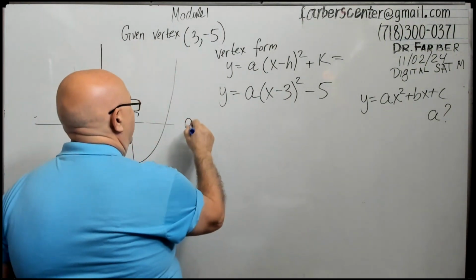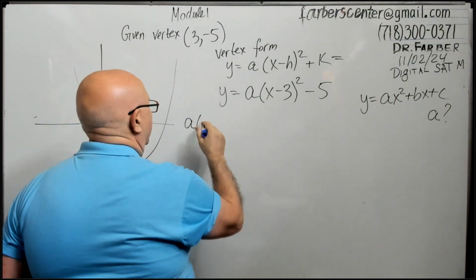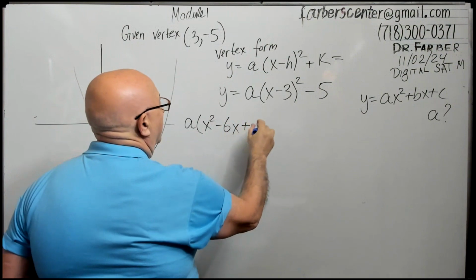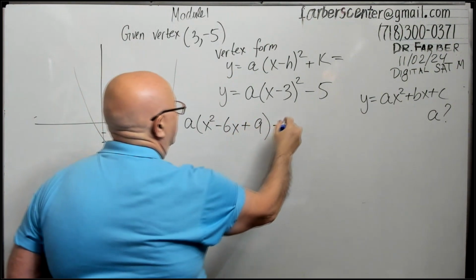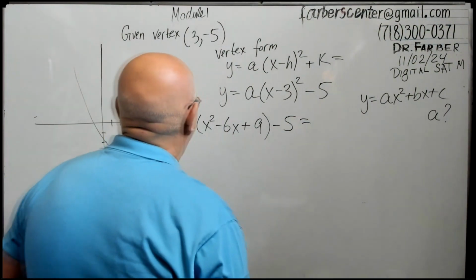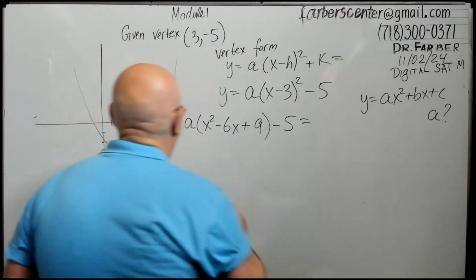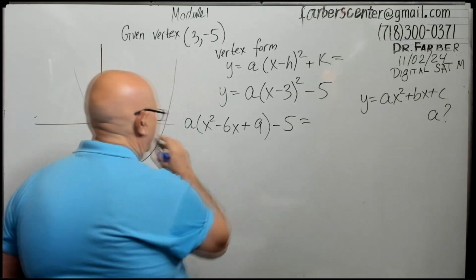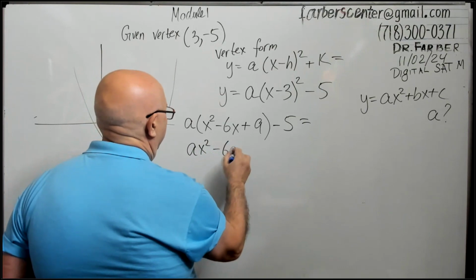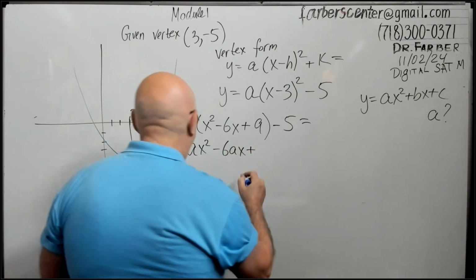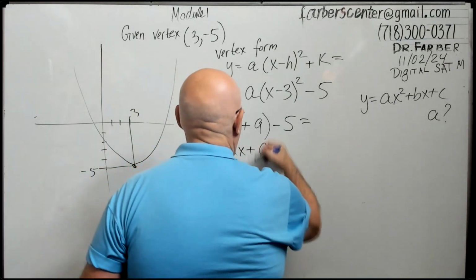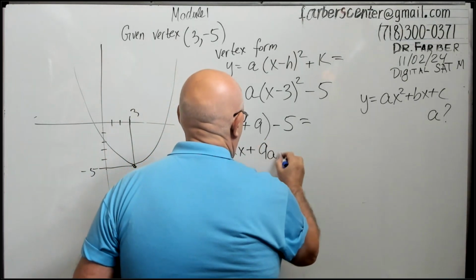It would be a x squared, expanded form, minus 6x plus 9, minus 5, or I can use the distributive property. I would have ax squared minus 6ax plus 9a and minus 5.